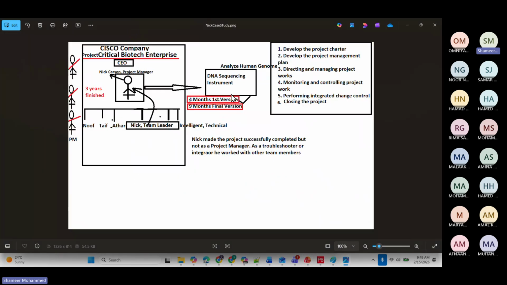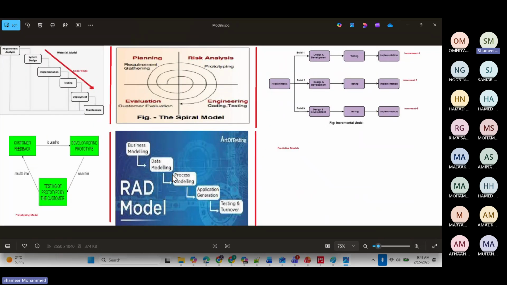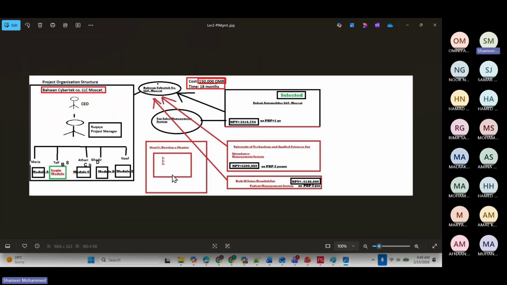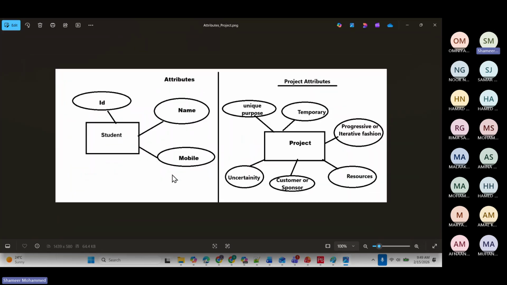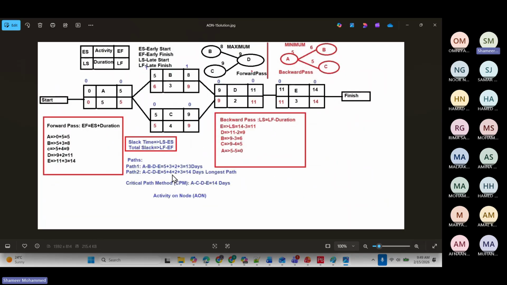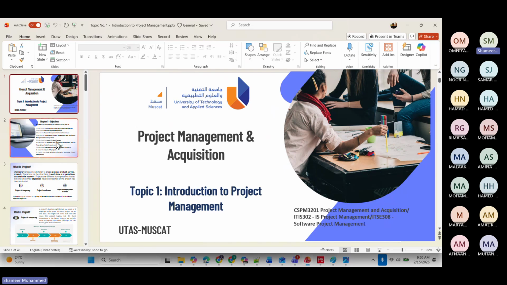And if you remember those things, you will get full marks, a good grade in your final exam. Like this, the problems: managing time, managing cost. We have different exercises. So right now, please ask any questions you have from this first lecture.